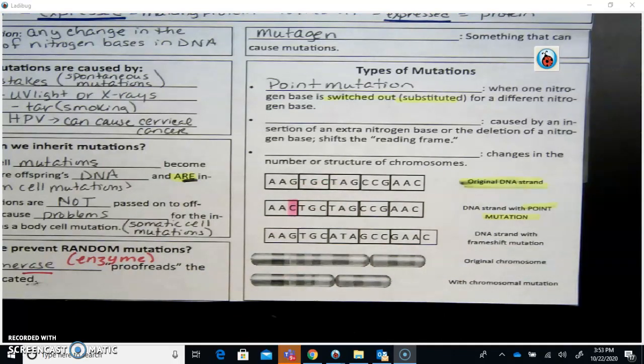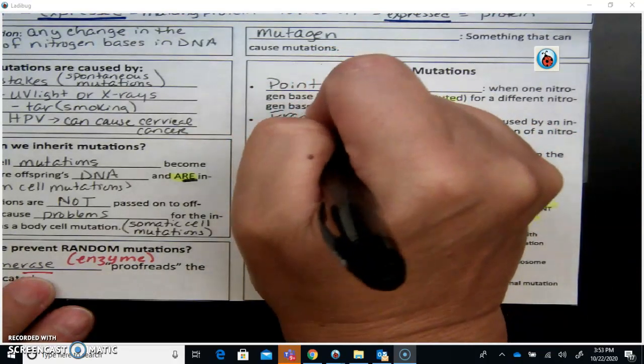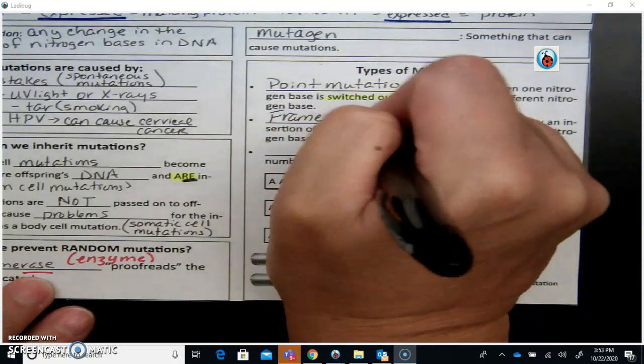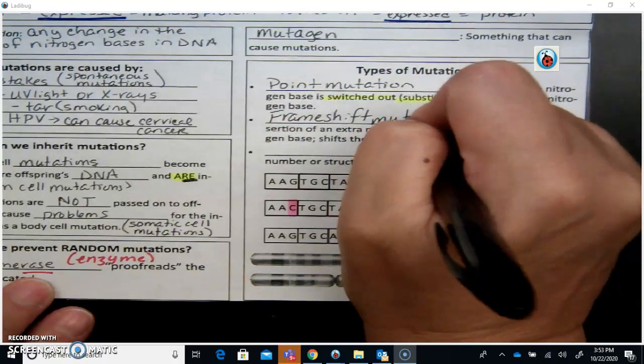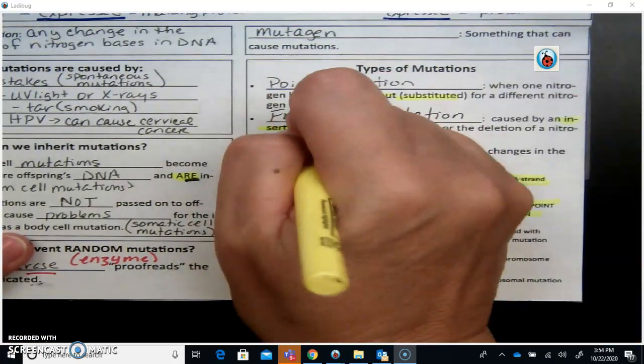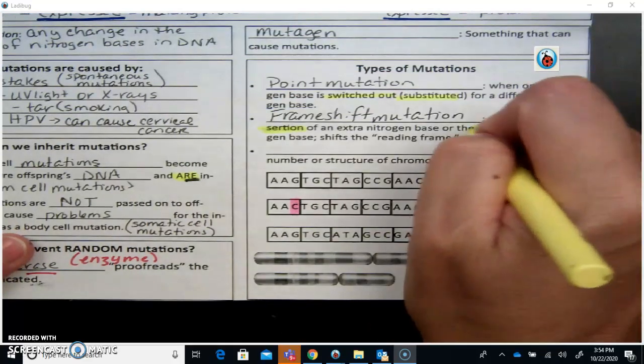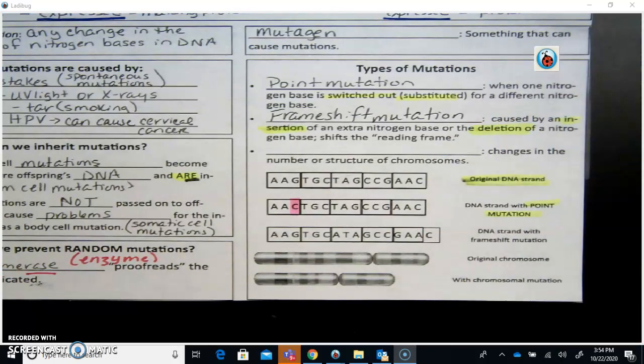Our next type of mutation is called a frame shift mutation. This is caused by an insertion. So you're going to insert an extra nitrogen base or delete a nitrogen base. And that's going to cause what we call the reading frame to be shifted over.